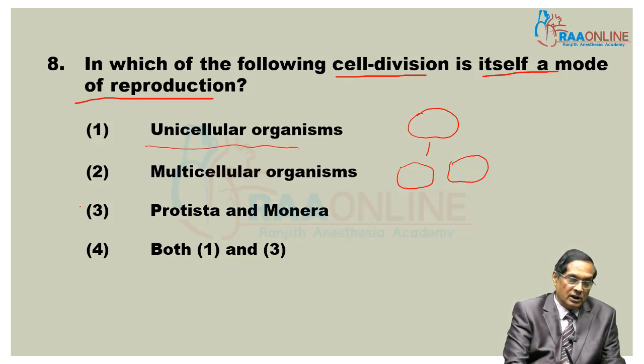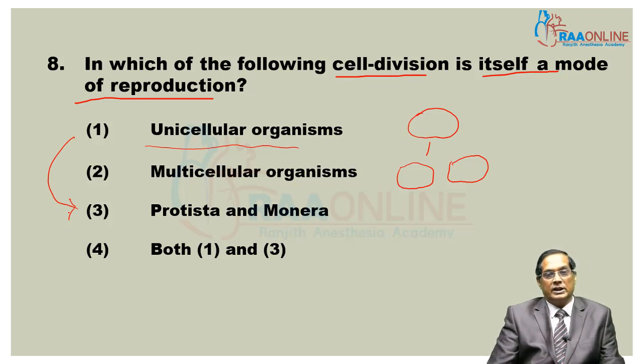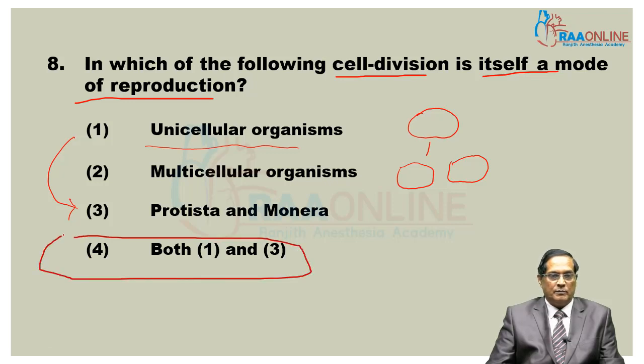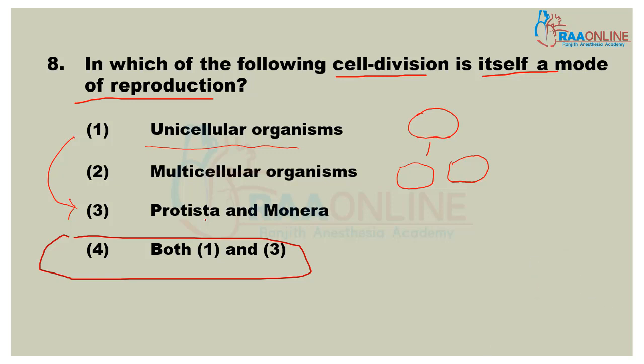But unicellular organisms are members of Protista and Monera both. So first one and third one both are right, and my answer for this question is both 1 and 3, because Monera and Protista have unicelled organisms.